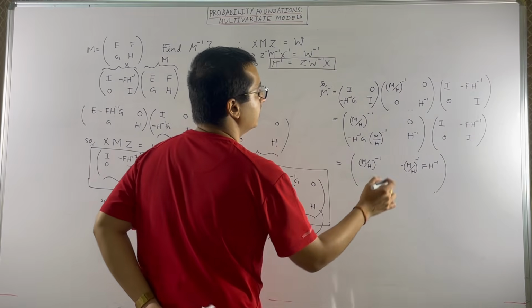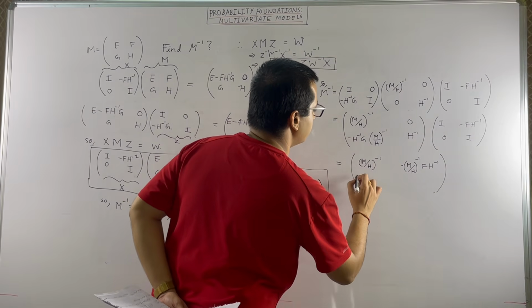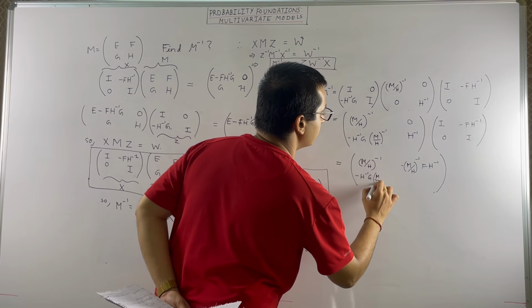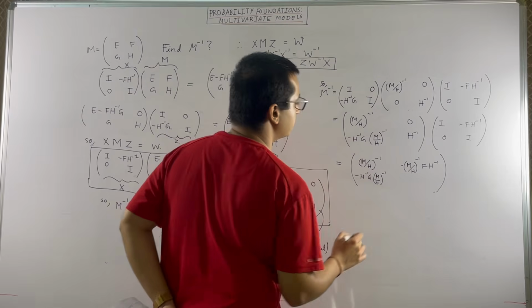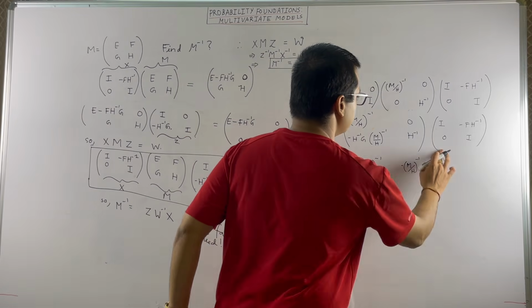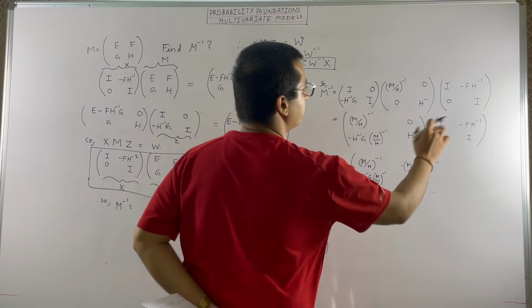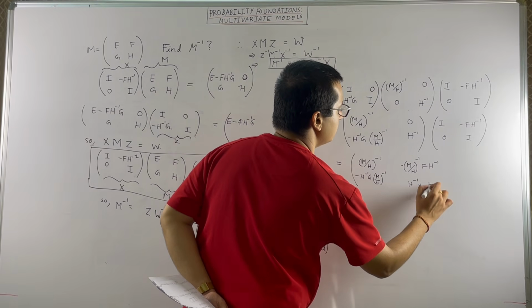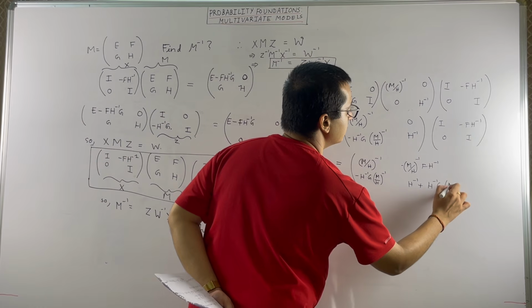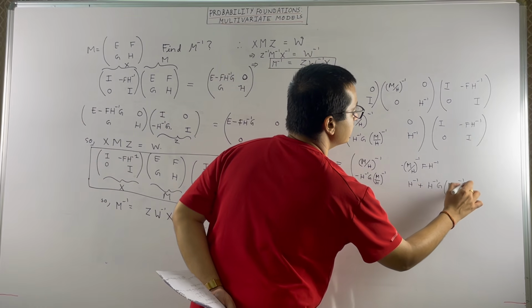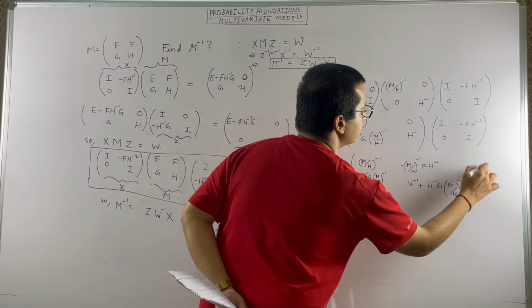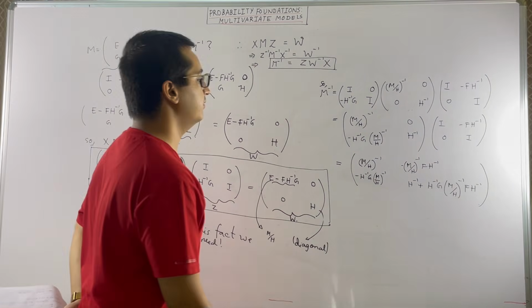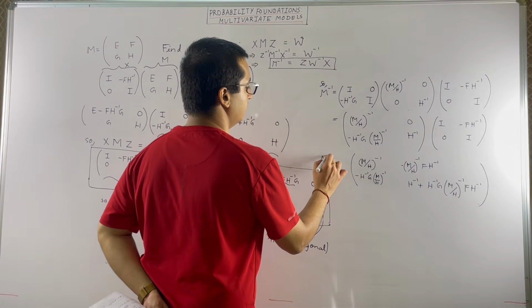Okay, and then minus h inverse g m by h inverse. All right, and this last term will be a bit bigger, h inverse plus m by h inverse fh inverse. Okay, so we have found m inverse, right?